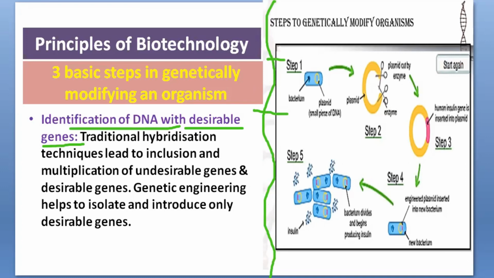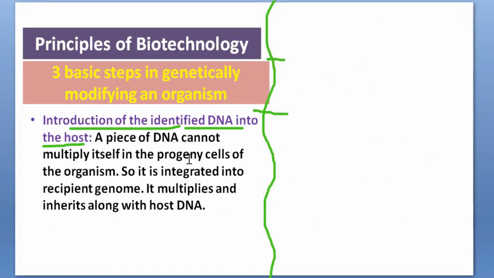Then the next step is introduction of the identified DNA into the host. This piece of DNA cannot multiply itself in the progeny, so it has to be integrated into the recipient genome so that it will multiply and be inherited along with the host DNA. Mostly we will use a vector.